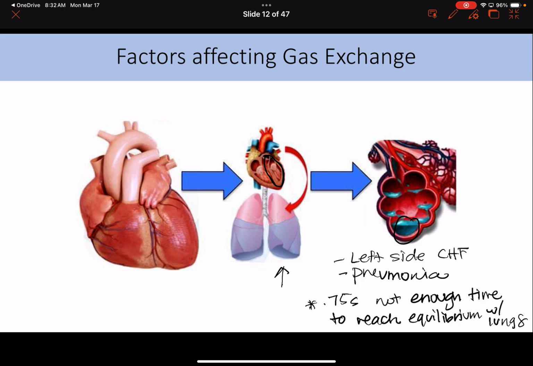Morning. Good morning. So questions about pulmonary edema? Who's still writing this down?